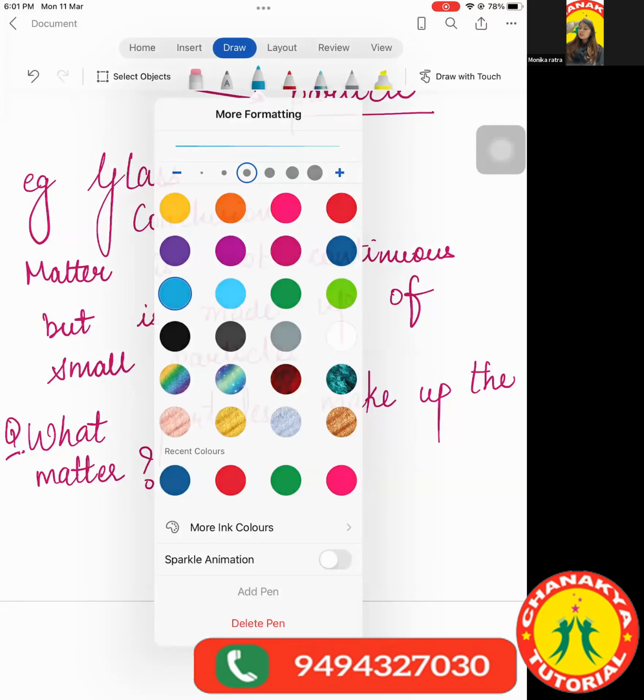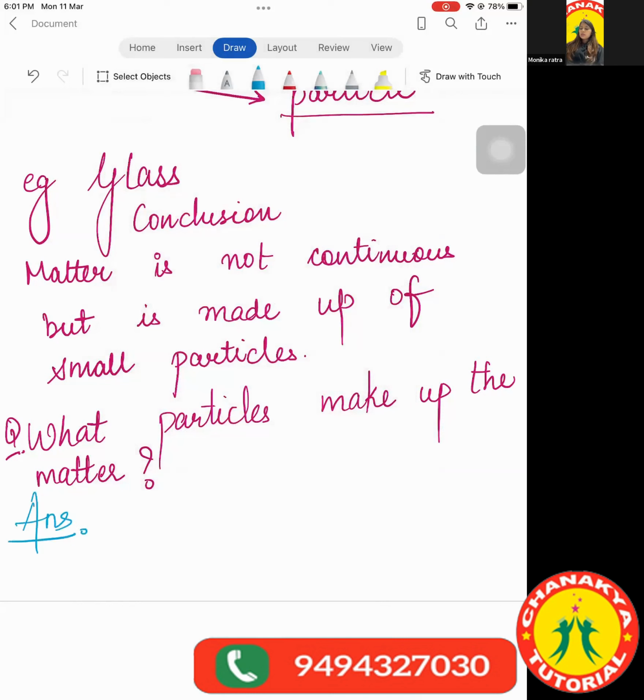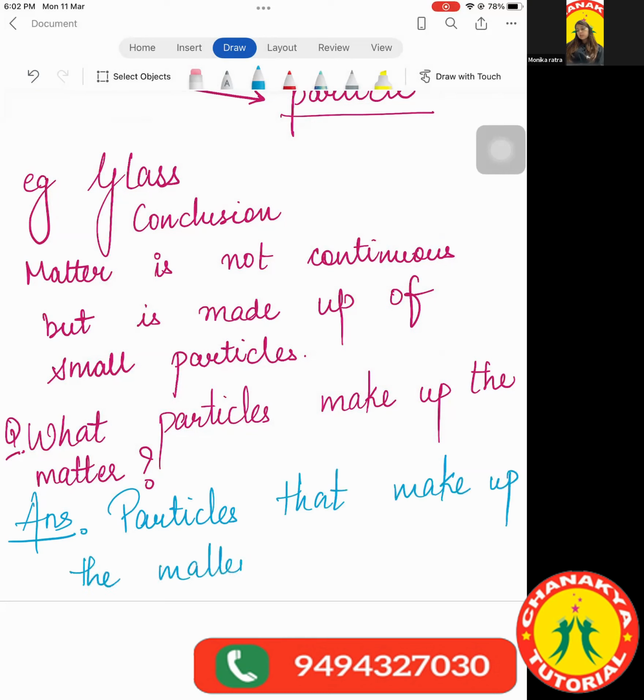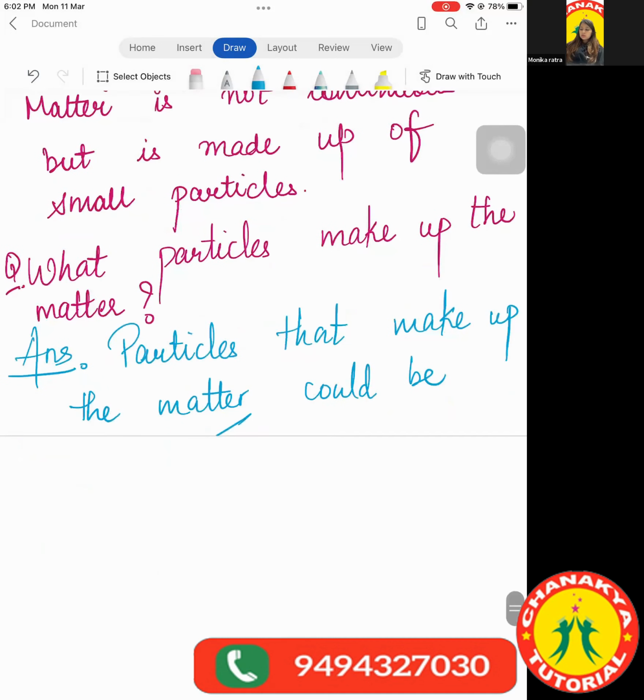So basically, the particles that make up the matter could be of two classifications. Either they could be atoms or they could be molecules.